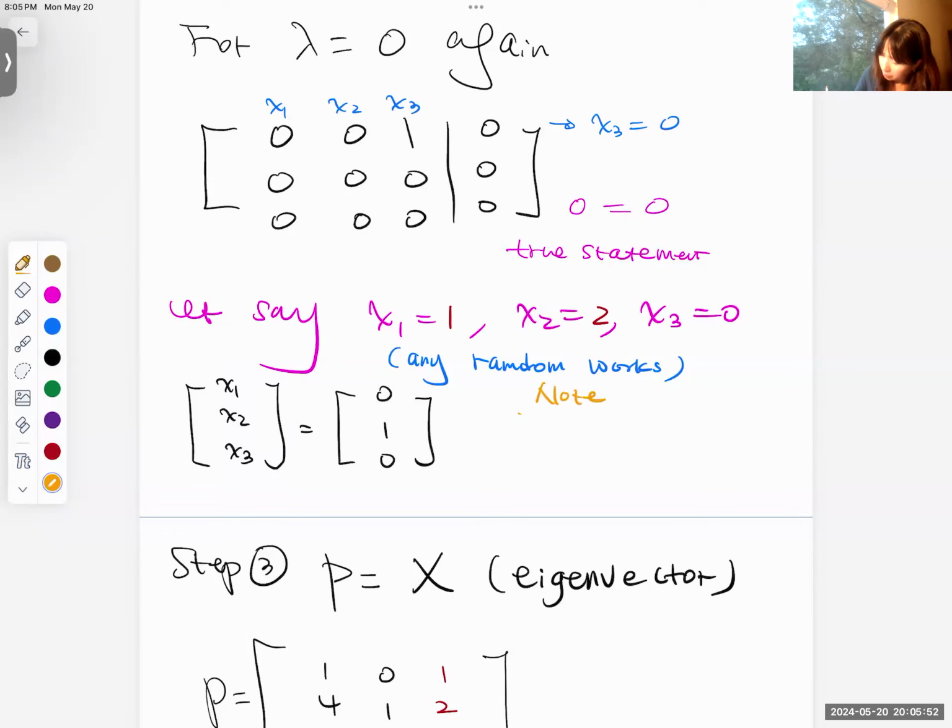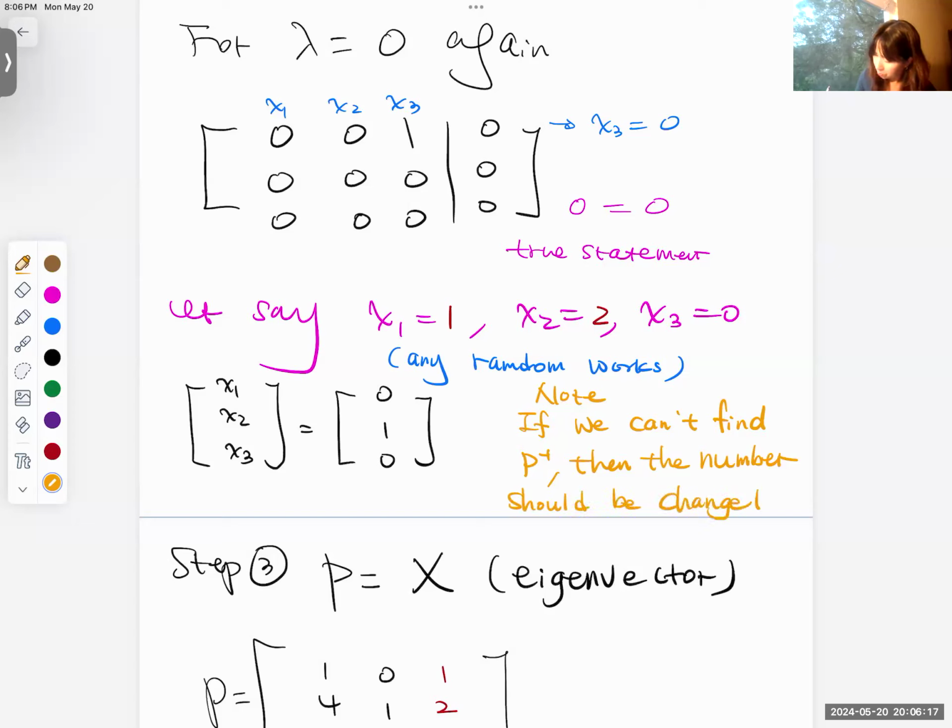Note, if we can't find the inverse, then the number should be changed. Okay, thank you for confirming, Linda.